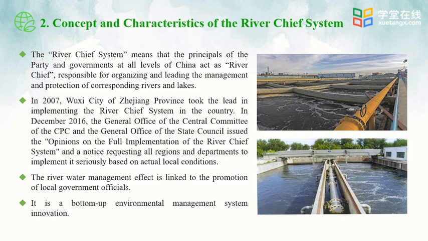Secondly, unlike a GDP model that local governments previously pursued, the river chief policy pursues environmental effects. Another characteristic of the river chief policy is that, unlike a top-down environmental governance model, it is a bottom-up environmental governance model innovated by local governments and then promoted by the central government.